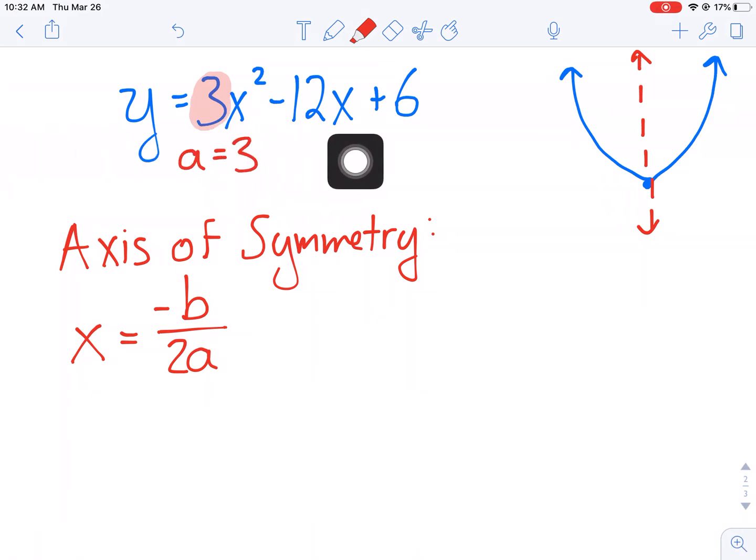Our b goes with our x term. So in this case, our b is negative 12. And our c is our last term without any x's with it. So our c equals 6.